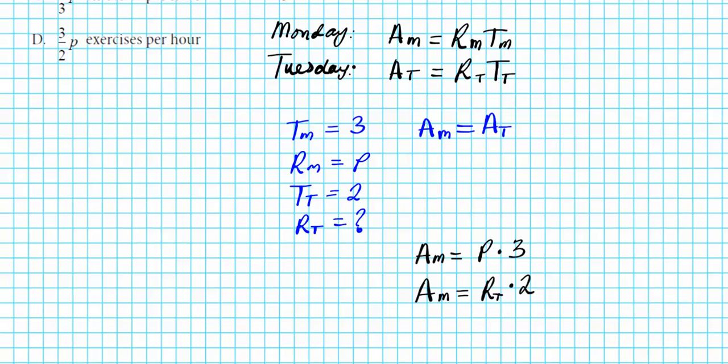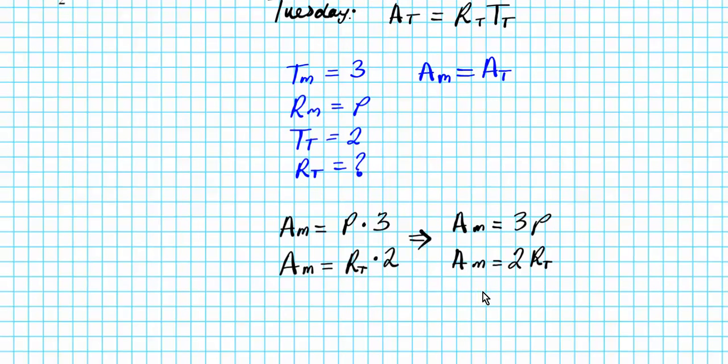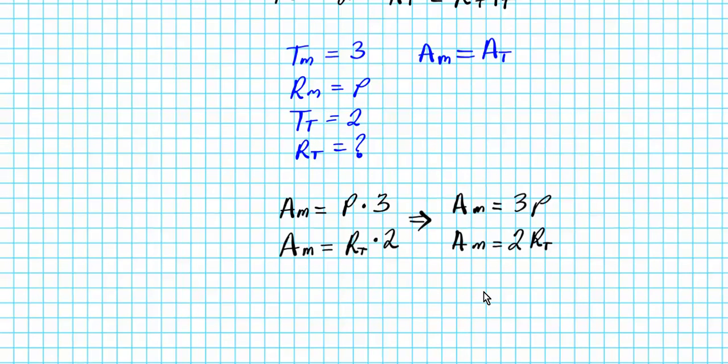Now we can make our equations look pretty, okay? So we have AM equals 3P, that's equation 1, and AM equals 2 times average rate on Tuesday, that's equation number 2. All right, let me move everything to the left a little bit so we have some space. Okay, so let's label them equation 1 and 2.